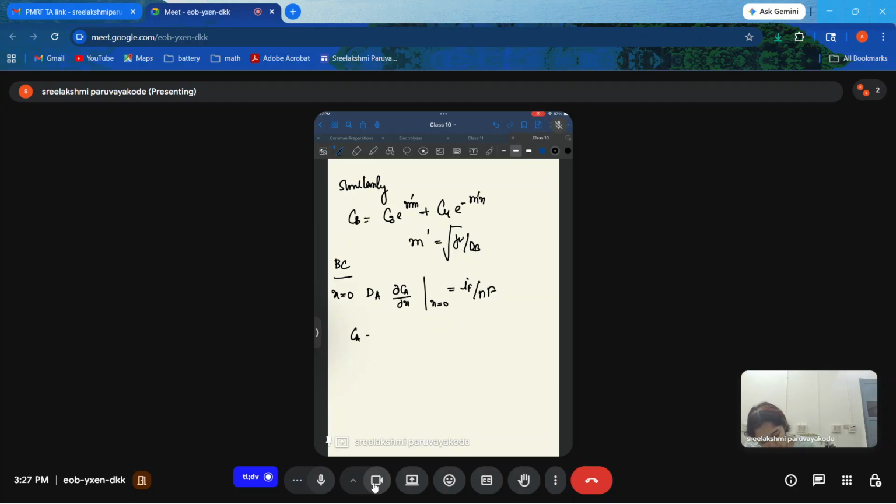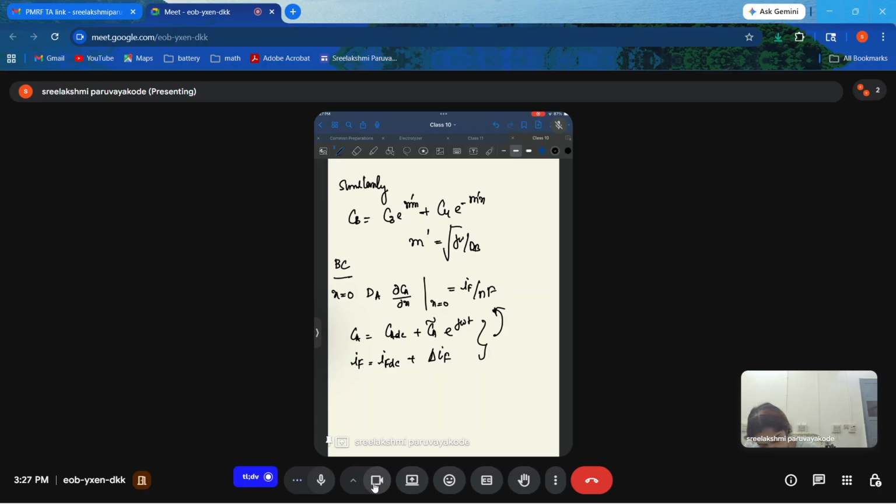We already know CA is equal to CA DC plus CA delta e raised to j omega t. We also know IF equal to IF DC plus IF AC, which I am writing as del IF. Now let's substitute both in this equation.